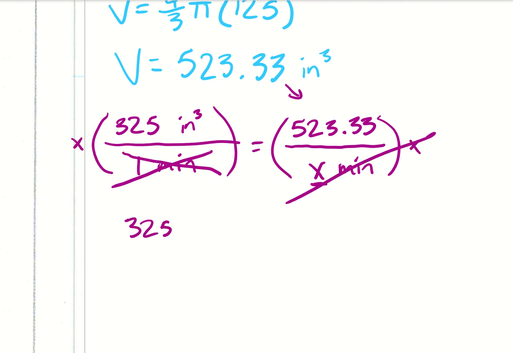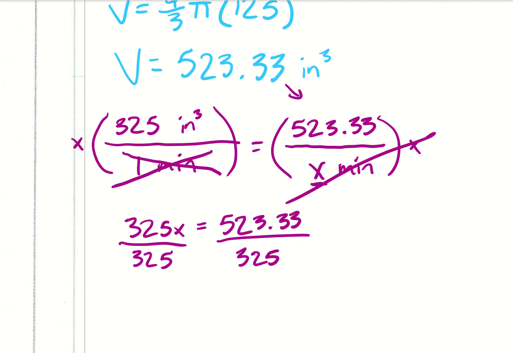And we have 325X equals 523.33. Now we can divide both sides by X. Sorry, not by X. Divide both sides by 325. And then from that we should be able to get our answer.